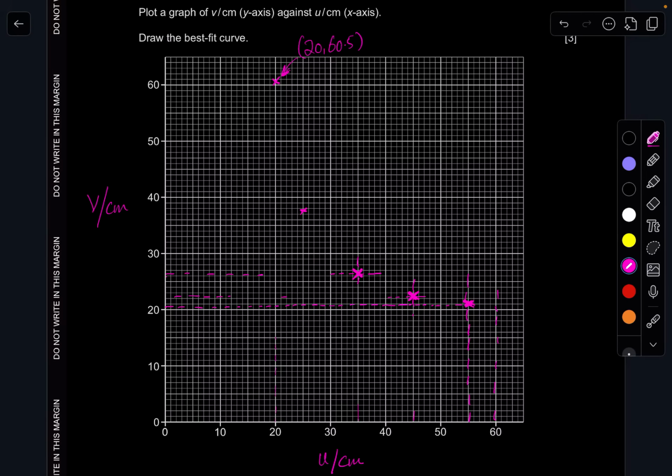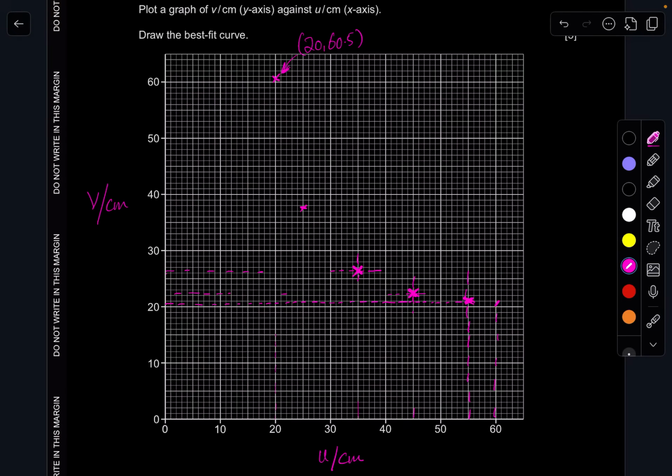This is 60 and 20.2. 20.2 will be at this point. Okay, so we have all the coordinates.